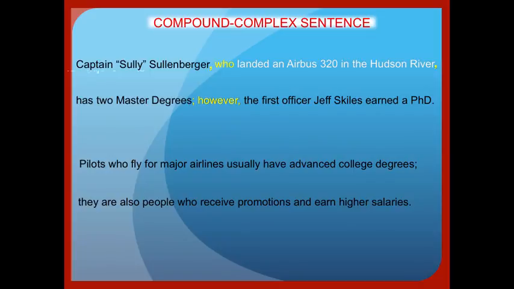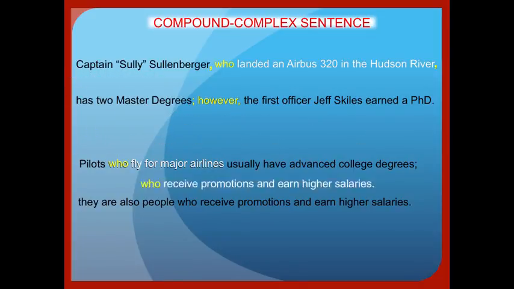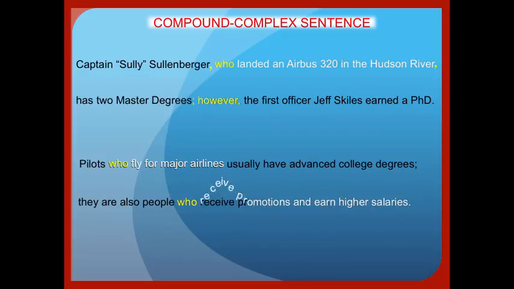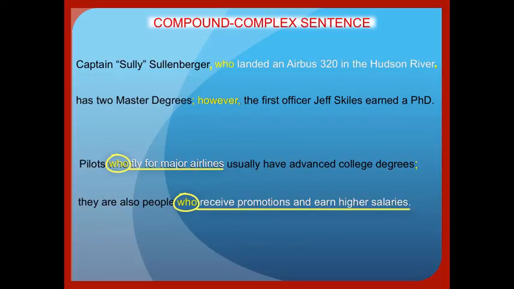In the second sentence, there are two essential dependent clauses that begin with the relative pronoun who. Both dependent clauses add important information to ambiguous nouns, such as pilots and people. The two sentences are closely related, so a semicolon is used to connect the two sentences.